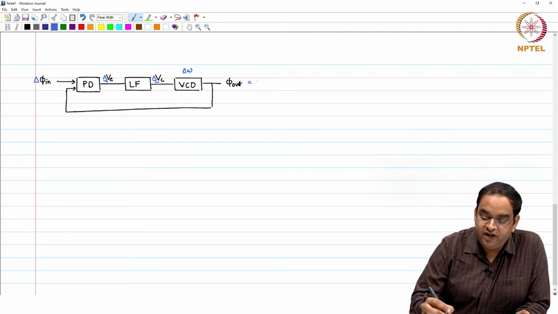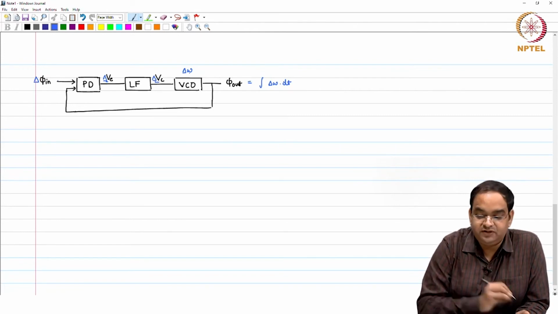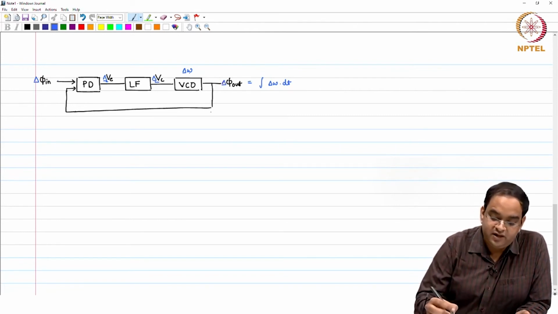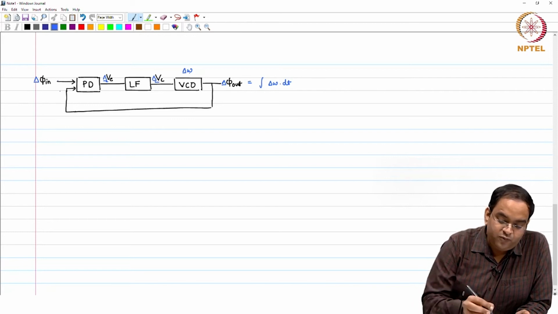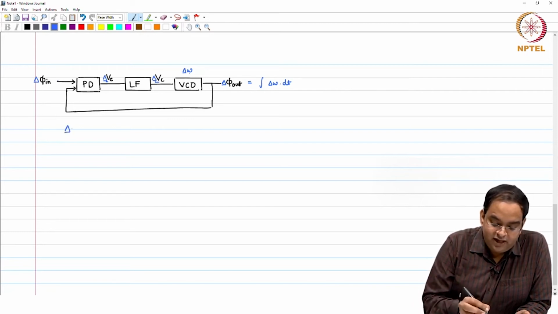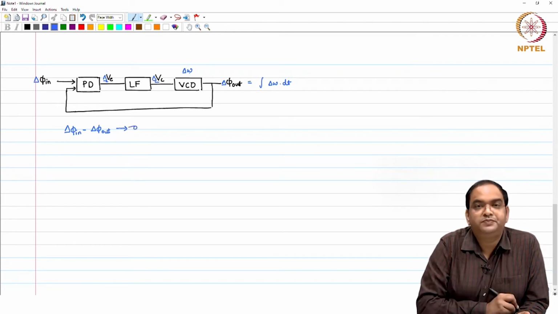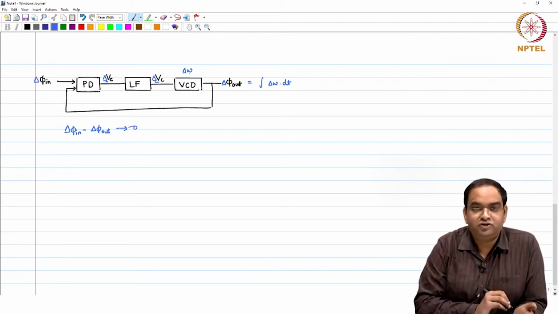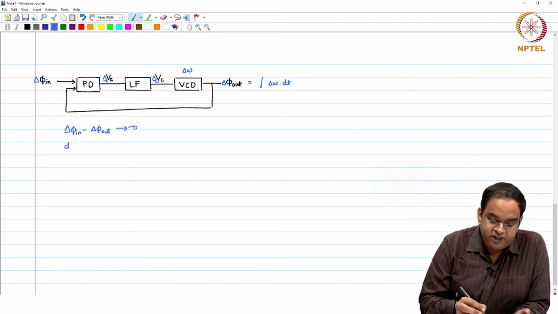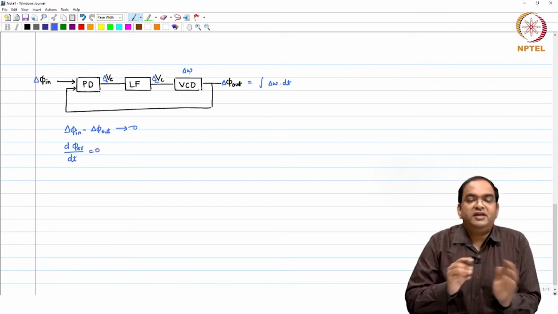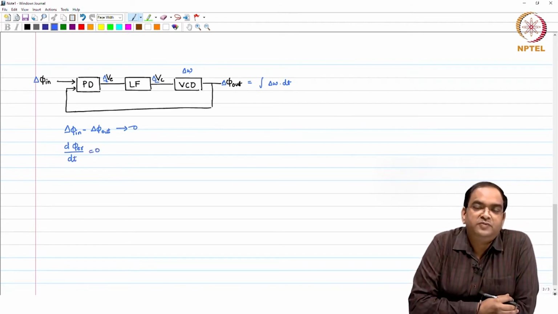The output phase is going to change by the integral of this change in frequency, such that delta phi in minus delta phi out approaches 0. In a steady state, either this approaches 0 or the rate of change of this phase error becomes 0. So, the phase error will not change with respect to time if the PLL is locked.